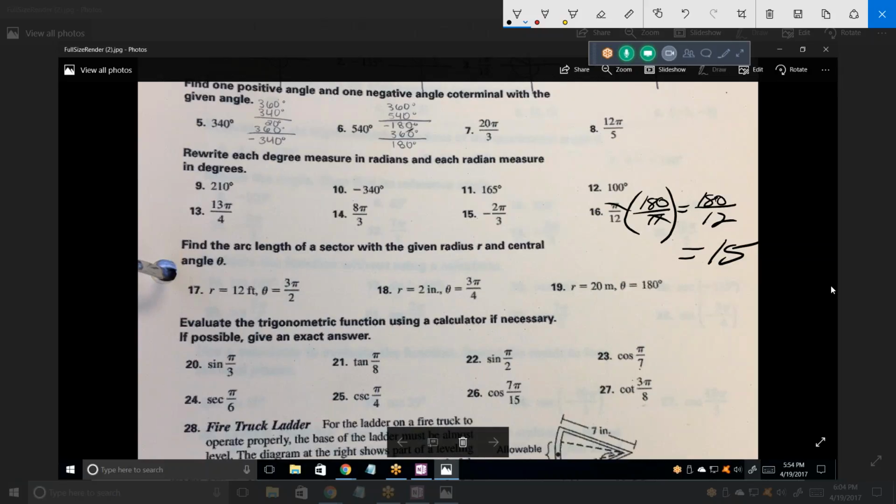So you can use the conversion factor, and it might be safer to use the conversion factor on all problems from 9 to 16. It's just, to me, my way seems a little bit easier. First of all, it's rare you deal with that big of an angle.